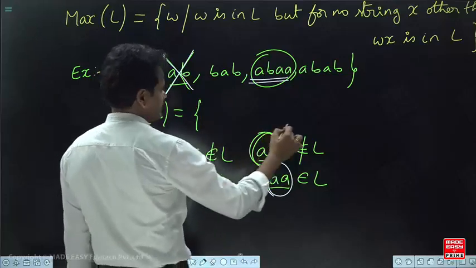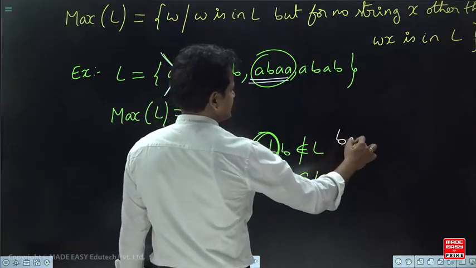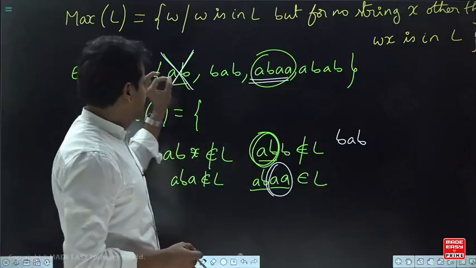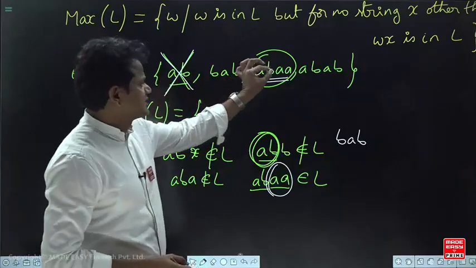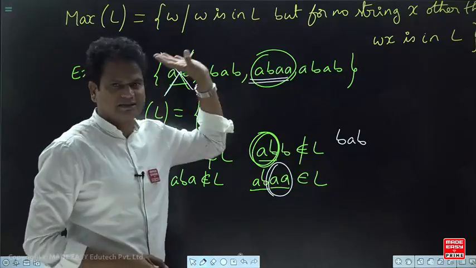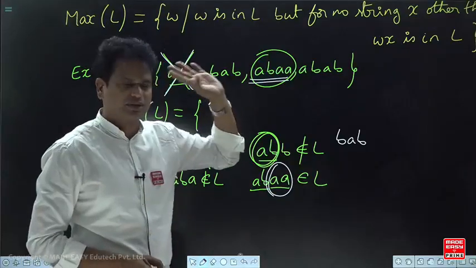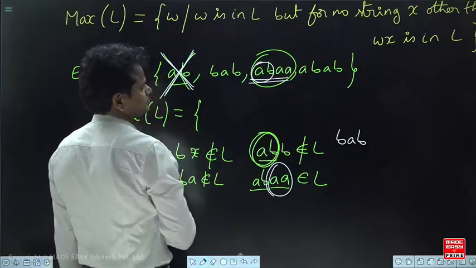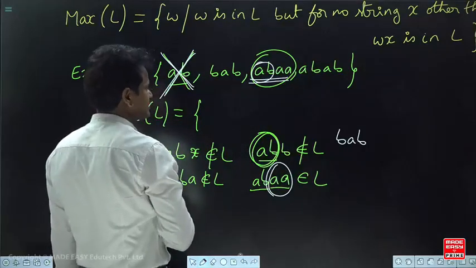BAB. I am taking BAB. For BAB, simple guys. In other words, if AB is the prefix to any other strings in the language, don't take. AB prefix is there, right? Then don't take. Are you following? Now guys, one more thing.